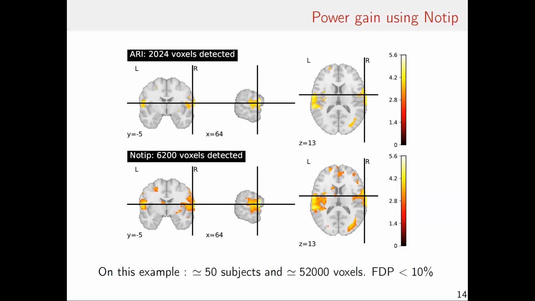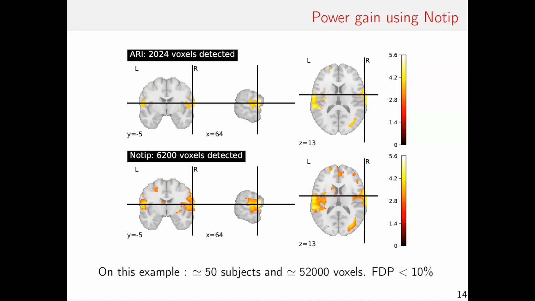So with the ARI method, so again, that is parametric, we find a region of 2000 voxels approximately. While with Notip, so the fully non-parametric approach, we find a region of over 6,000 voxels, which is a huge gain. So it's a region that's almost 3 times as big as the one we found with the parametric method. So this is an example of a single data set.